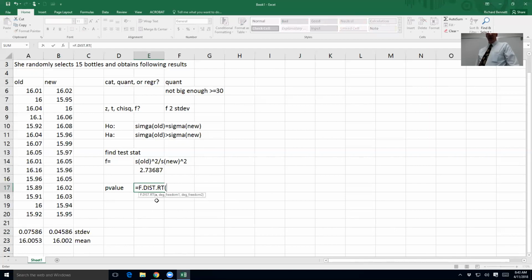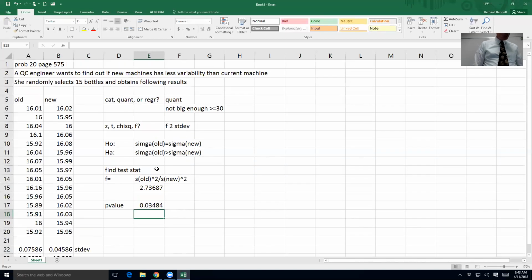What do I put in for X? The 2.73. Degrees of freedom 1? 14. Degrees of freedom 2? 14. 0.03. What's my alpha? Oh, it didn't give me an alpha, did they? No, they did in part A, but I didn't write it down.